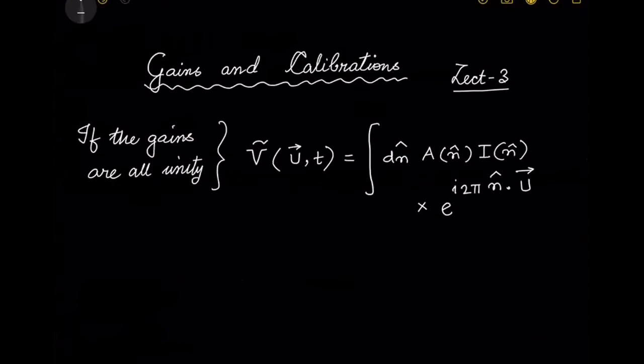And if you remember how we got to this visibility, we correlated the electric fields, or the voltages, which are proportional to the electric field, as measured at two different points by the two different antennas. So we correlated the electric fields at two different antennas at the same time, effectively.